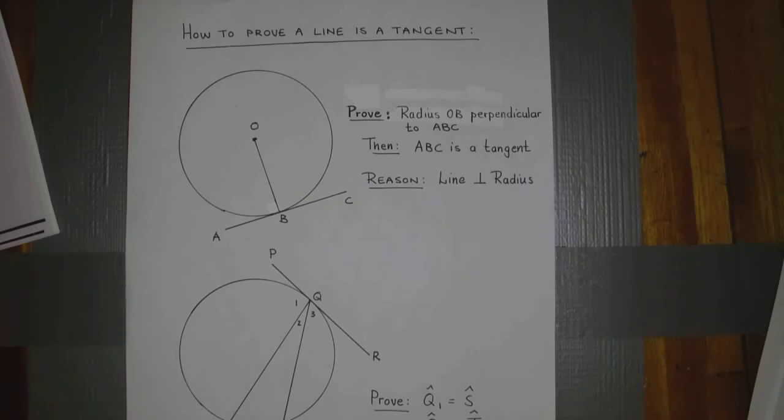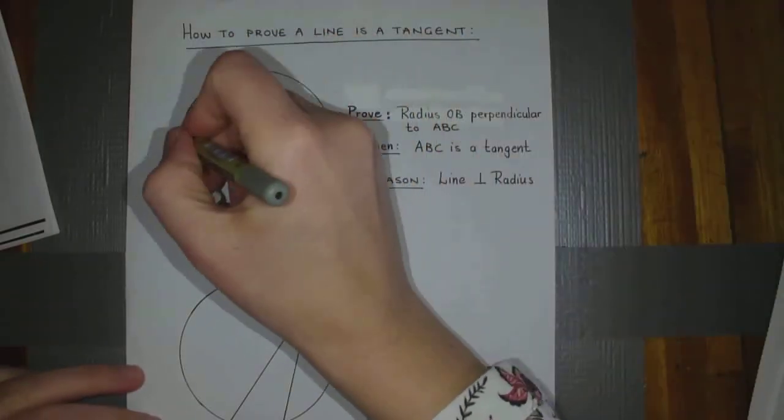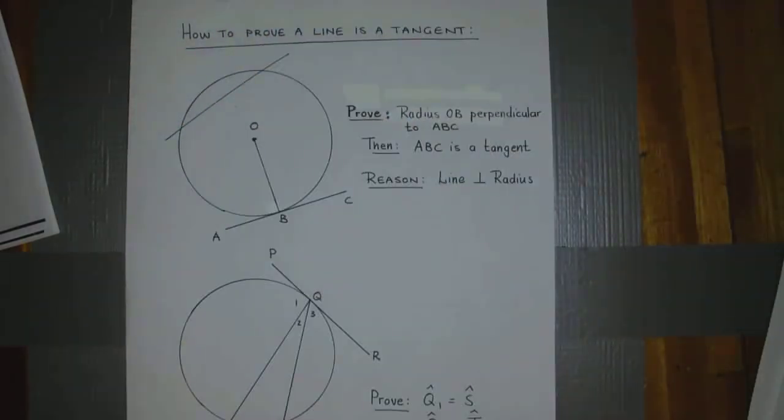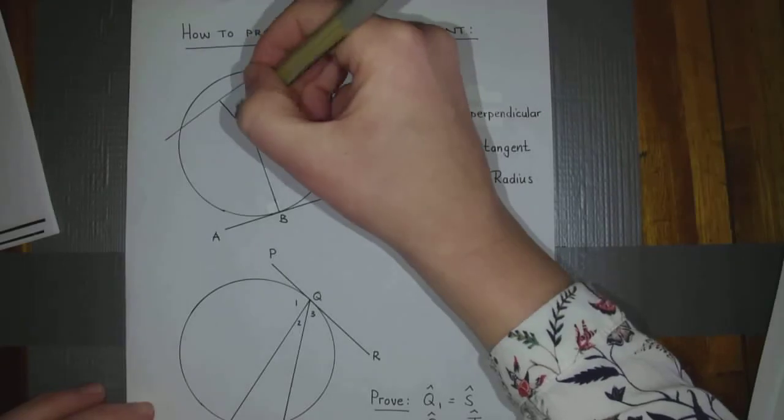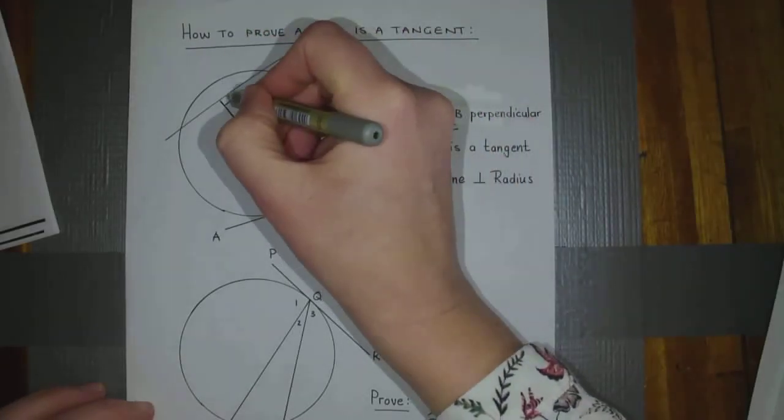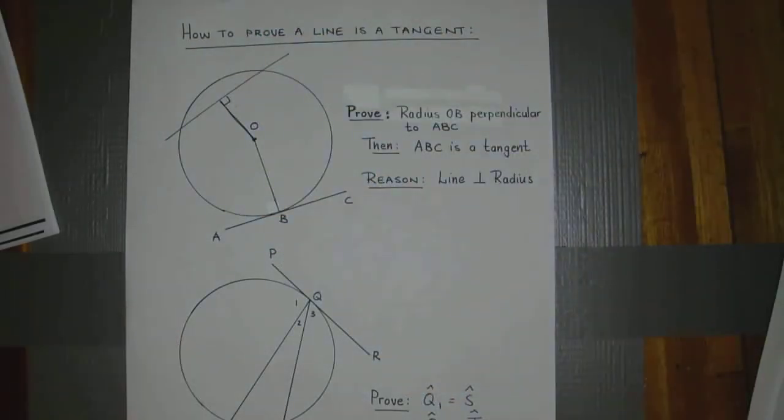Do you understand? A secant is a line that will go like this. That's a secant. It cuts the circle in two places. So if I go from the center to a secant, and I prove that this is 90 degrees, that does not make it a tangent because it cuts the circle in two places.